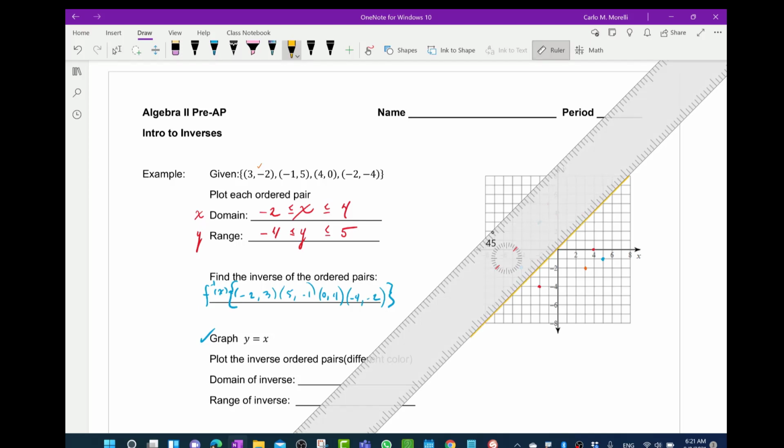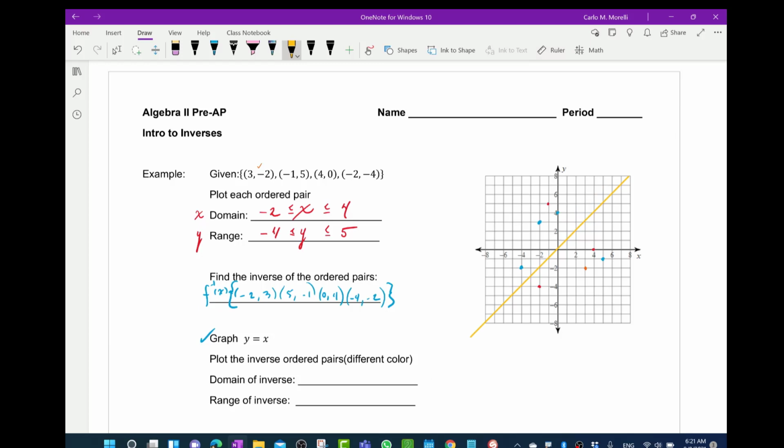What they want you to notice is that this is y equals x, and that the inverse is a reflection of the original across this graph.